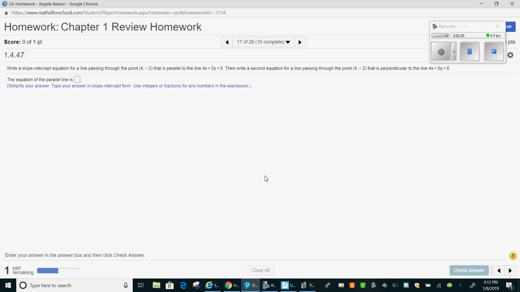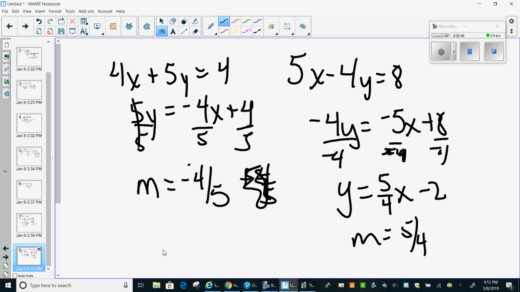Write a slope-intercept equation for a line passing through the point 4, negative 2 that is parallel to the line 4x plus 5y equals 8. Then write a second equation for a line passing through the point 4, negative 2 that is perpendicular to the line 4x plus 5y equals 8.